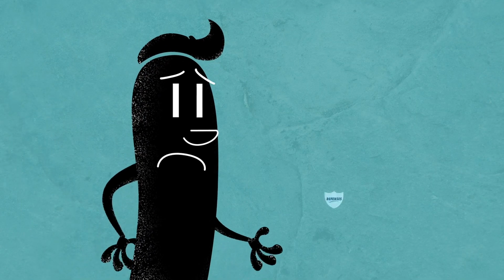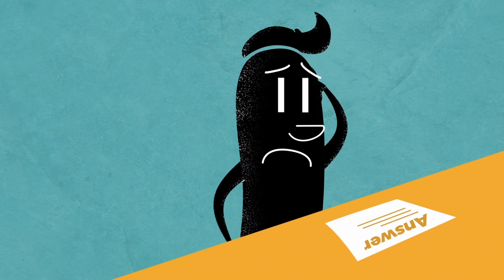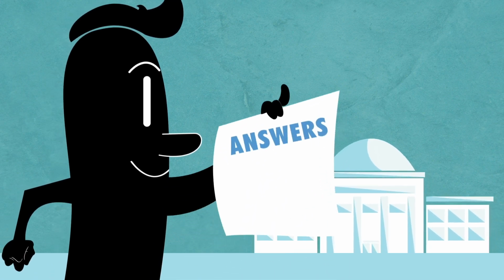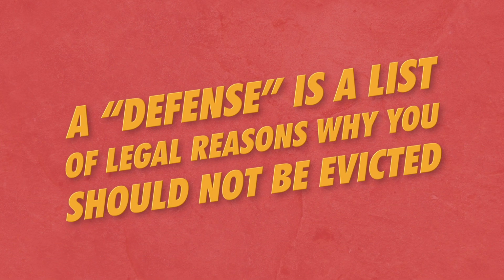If you have reasons why you should not be evicted, called defenses, then it's a good idea to write these down in your answer and file these at the magistrate court as your response to the rule. A defense is a legal reason why you should not be evicted.